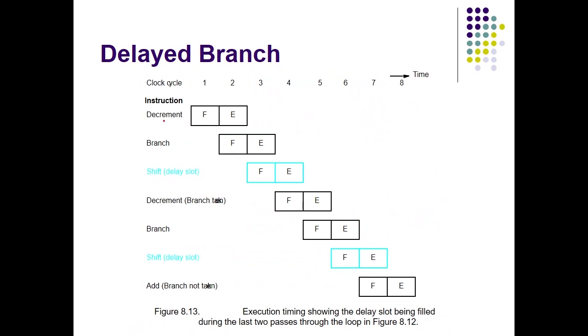So first is decrement, fetch and then execute; second is the branch, fetching and executing. After execution it realizes there might be a branch if the condition is satisfied, otherwise it will execute sequentially. Within this realization time, I am actually executing this part.